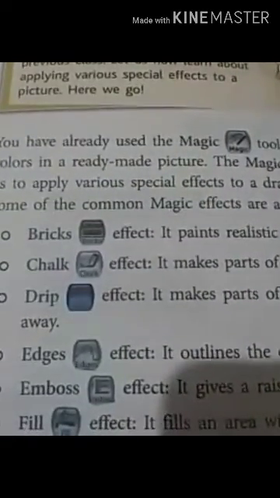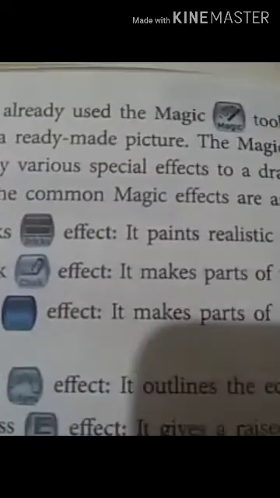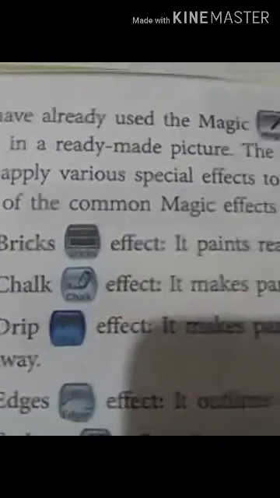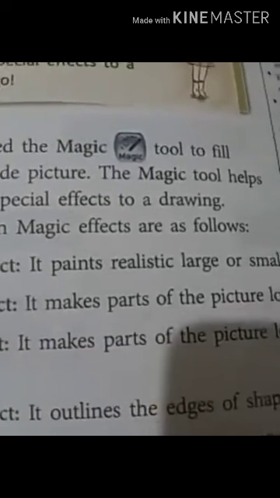Today we will learn the bricks effect. It paints realistic large or small bricks with the bricks effect. One option is there, bricks effect, and what is the work? It paints realistic large or small bricks.